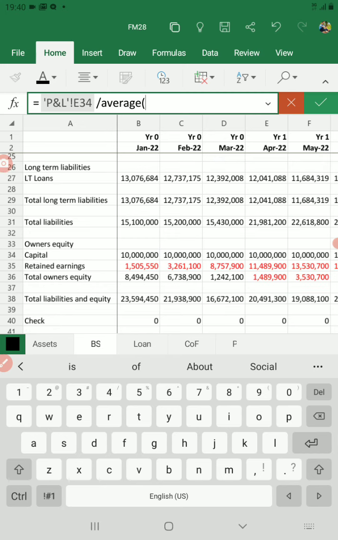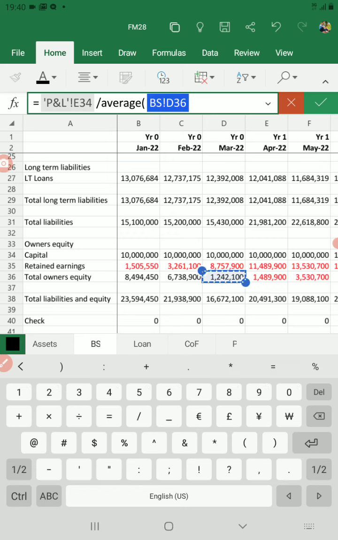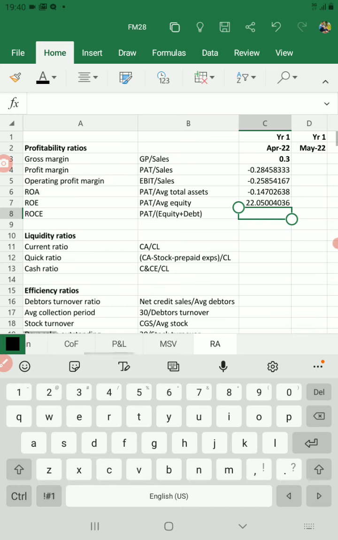So average starts for this figure for March, owner's equity. Again, I use these full columns here, and then click on April, close the bracket, press enter, and return on capital employed.